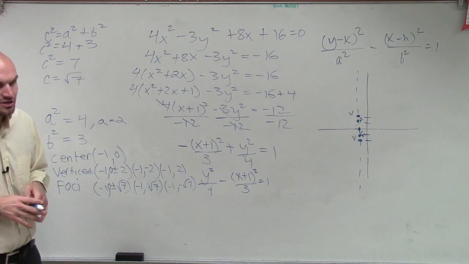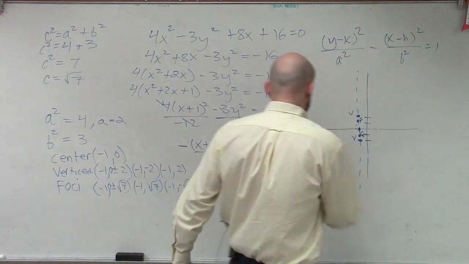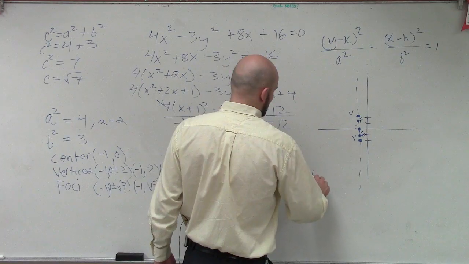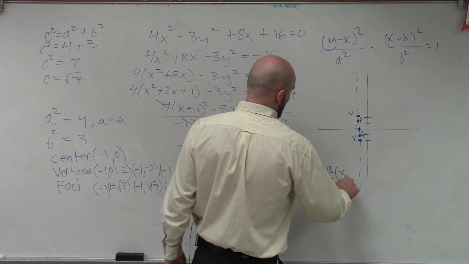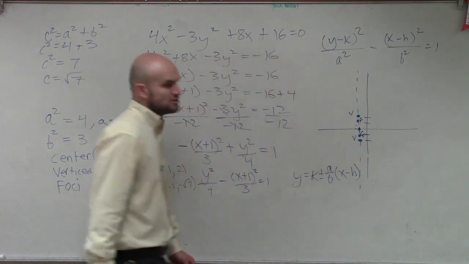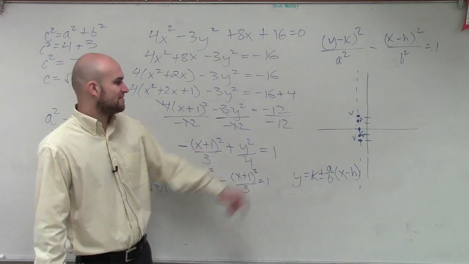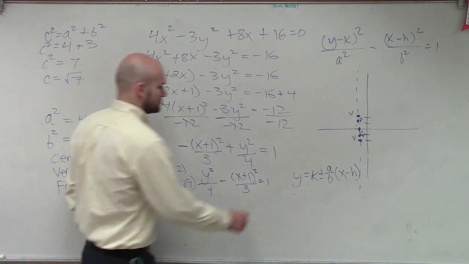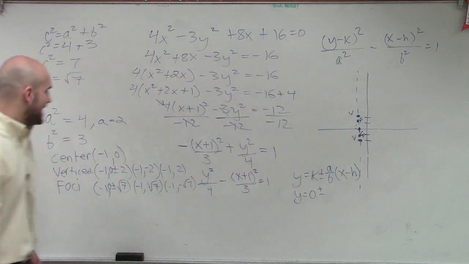The last thing, ladies and gentlemen, we're trying to do is find our asymptotes. So remember, for a vertical hyperbola, we have y equals k plus or minus a divided by b times x minus h. So all we're going to do to find our asymptotes is plug in these values. So we have our k, which is 0, plus or minus a over b.